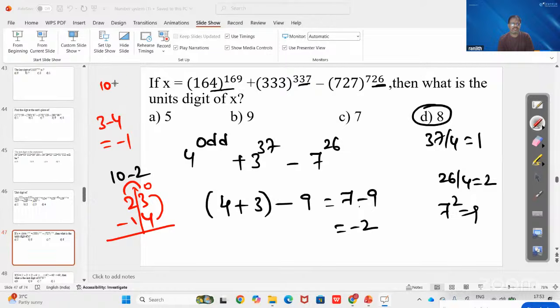So that is 10 minus 1 will be equal to 9. Same answer. Here also same thing. 7 minus 9 equal to minus 2. We need to take the borrow. So that is 10 minus 2 equal to 8. Or else 7, instead of writing 7 minus 9, we can go with 17 minus 9 also. 17 minus 9 equal to 8. So the answer is 8.